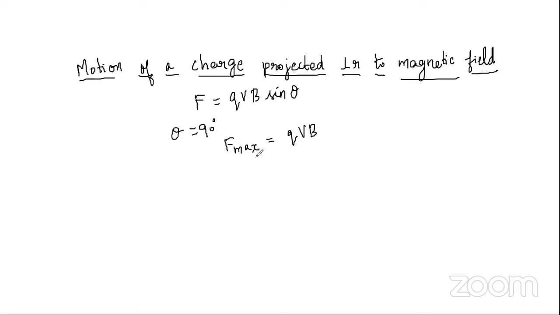So when it is moving in a circular path, this Lorentz force provides the centripetal force actually. So F max equals mv squared by r. That will be qvB equals mv squared by r.